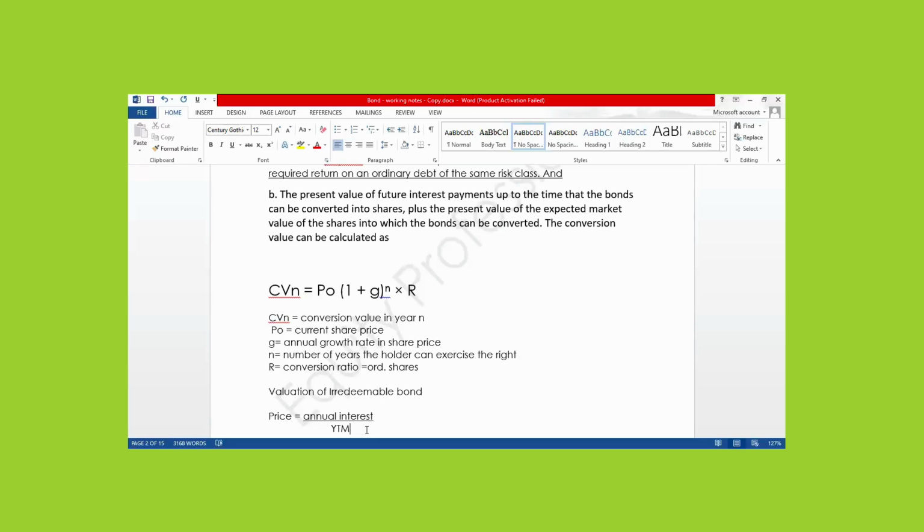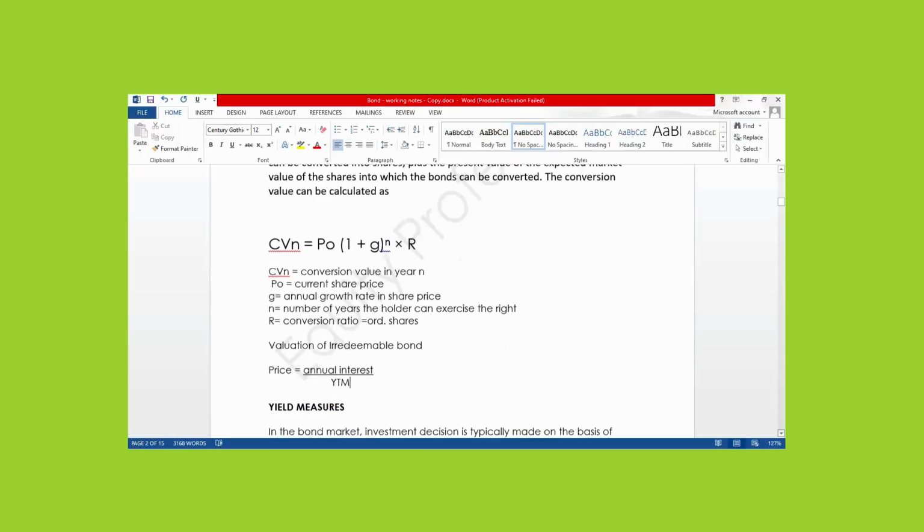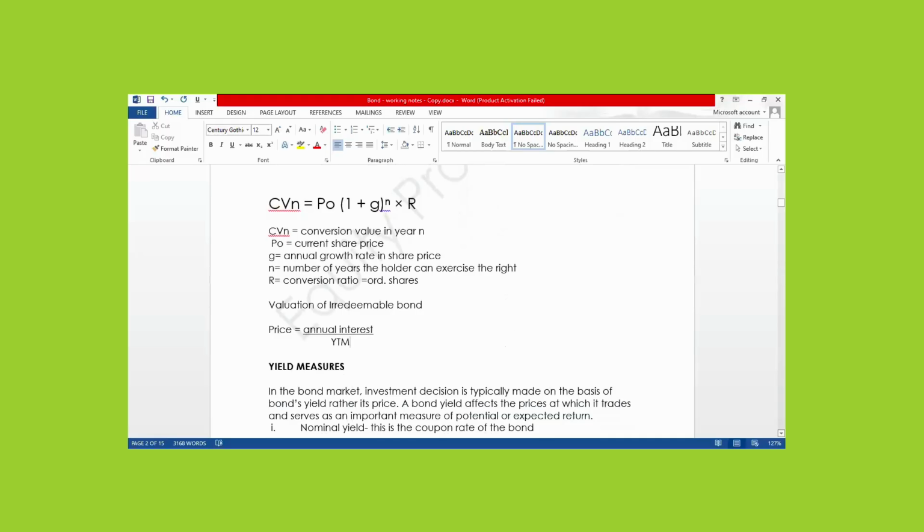Your yield is the discount rate. All right. So please note, you may be asked to value a redeemable bond, convertible bond, or irredeemable bond.